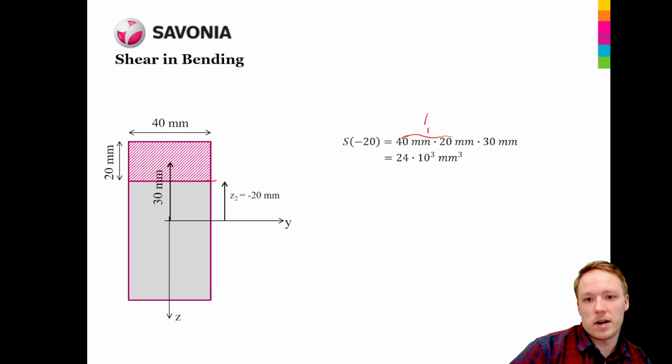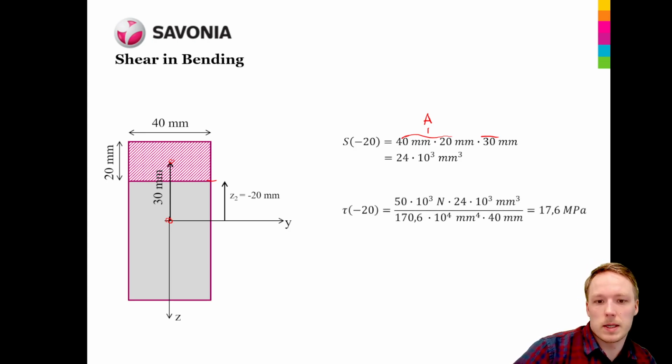And then here, that is the distance from the neutral axis of the entire profile to the neutral axis of the area that is going to shear off. So that is 30. So S at minus 20 is 24 times 10 to the power 3 millimeters to the power 3.